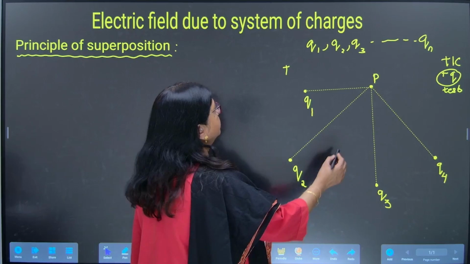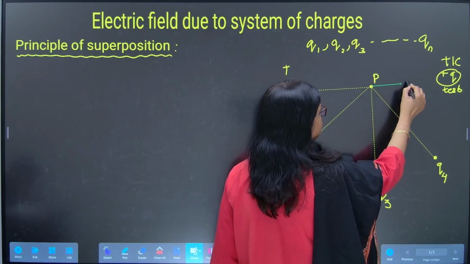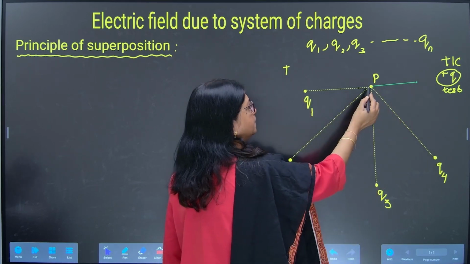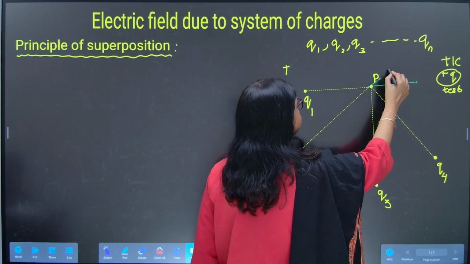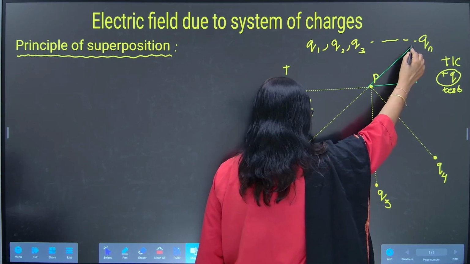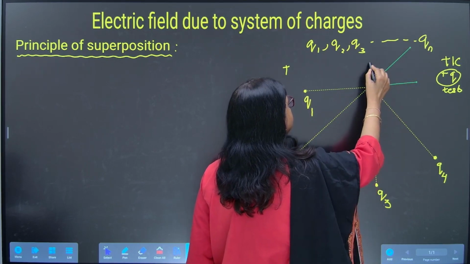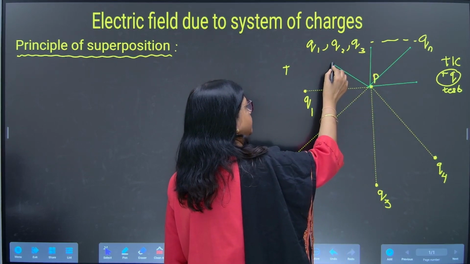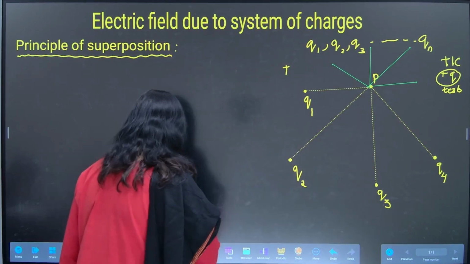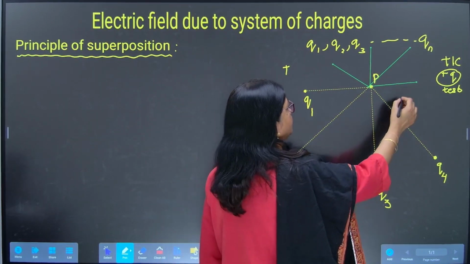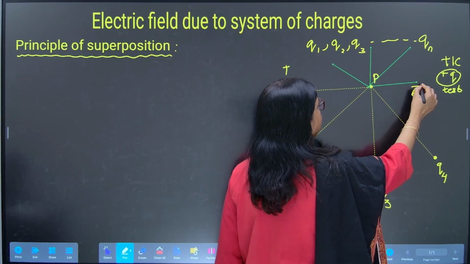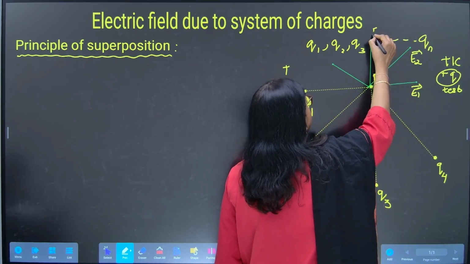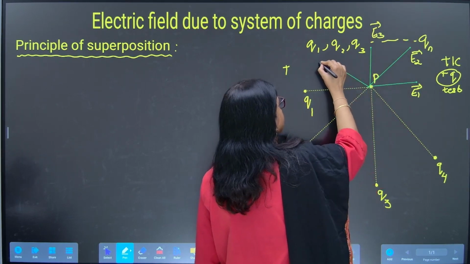So let us draw the repulsion, shown by the green arrow, due to Q1 at the point P, due to Q2 at the point P, due to Q3 at the point P, due to Q4 at the point P. Let us represent their respective electric fields as E1 vector, E2 vector, E3 vector, E4 vector.